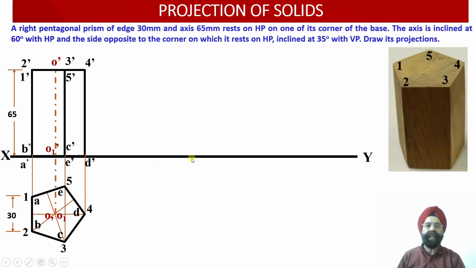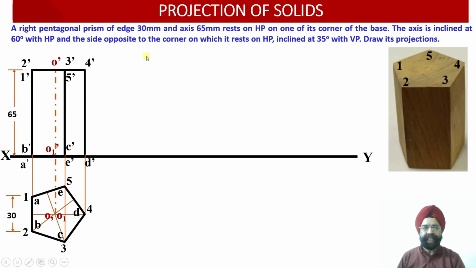Now, having obtained the front view projections as well as the top view projections of this right pentagonal prism resting on the horizontal plane onto its base, now we are provided with the information that this pentagonal prism is resting on one of its corners of its base on the horizontal plane, while the axis of this pentagonal prism is inclined at an angle of 60 degree with respect to the horizontal plane.